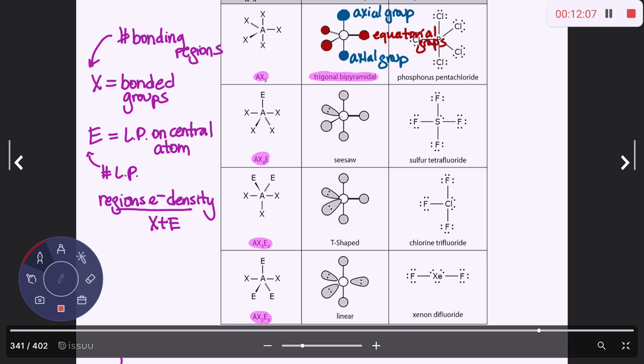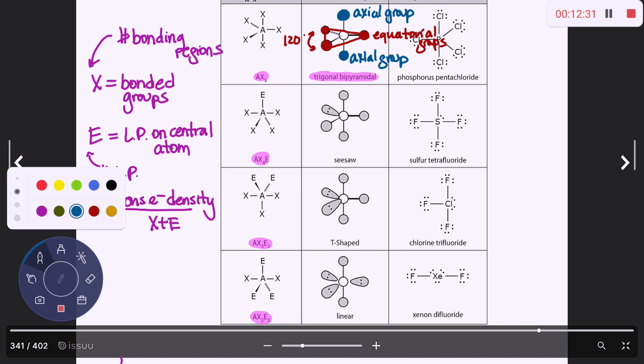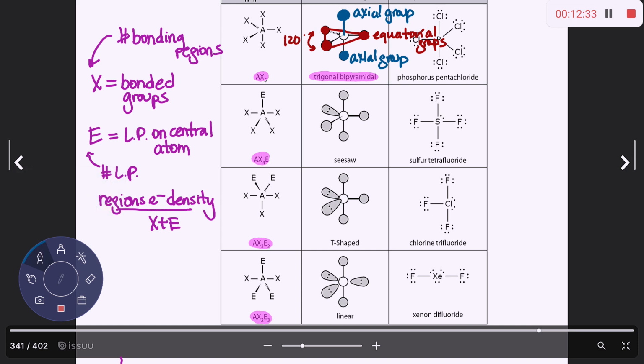If you were taking a Gen Chem class, they might ask you to draw these appropriately. You get this triangular shape between those equatorial groups. If you repel those equally, since they're all in the same plane, the bond angle between here is going to be 120 degrees. Okay, and then you're going to have a right angle between this axial group and this equatorial group. So this is 90 degrees here. Okay.